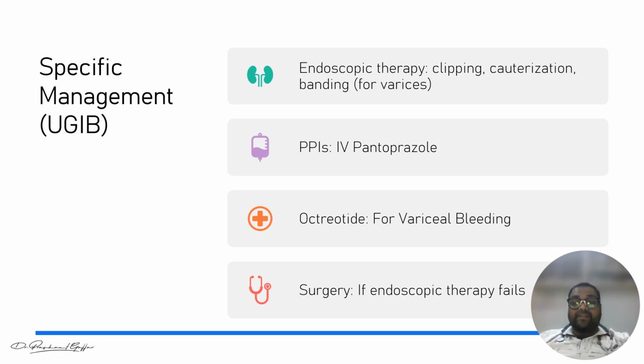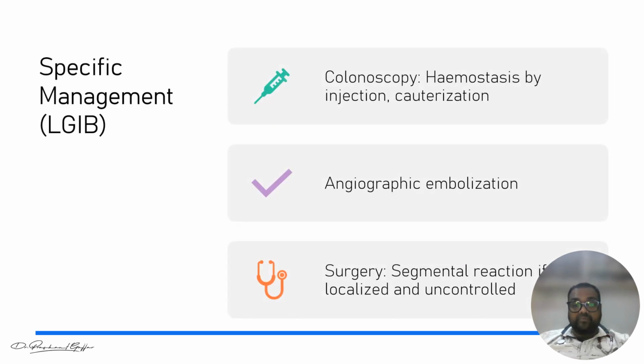Now let's see the specific management for lower GI bleeding. First, same as upper GI, we can perform colonoscopy and hemostasis by vasoconstriction with an injection of adrenaline, and we can do cauterization also.